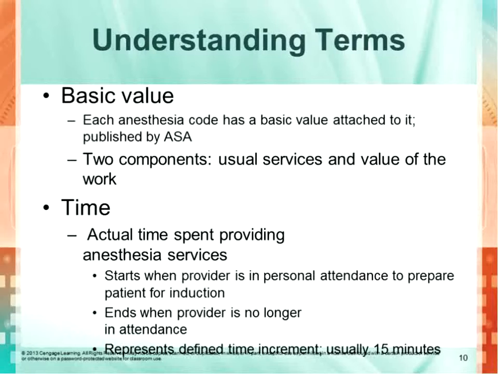So basically, when something is bundled into that code, this pretty much means that you're not going to code that separately. That would be inappropriate to do if it's bundled into that anesthesia code. So those things are what we call usual services.